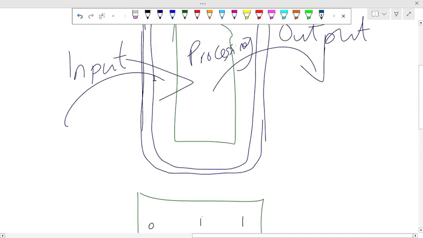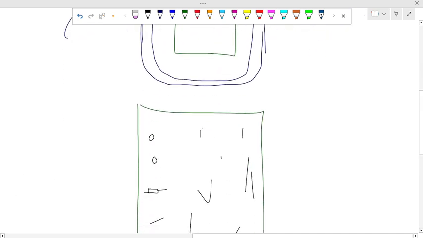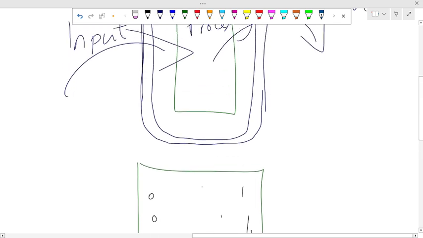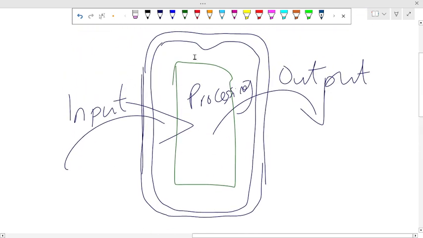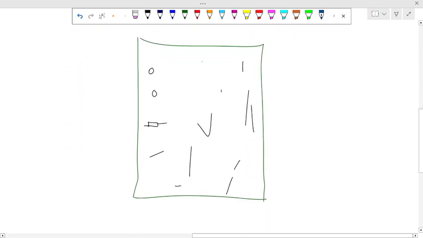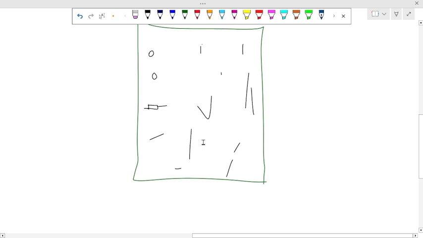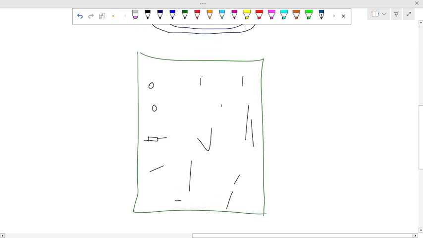Inside this mobile phone, I think what I drew is too large, but no problem. You understand the point. When you open the mobile phone or your computer, you usually see a green board, mostly referred to as the motherboard or printed circuit board. On it, there are different components: capacitors, resistors, and transistors.